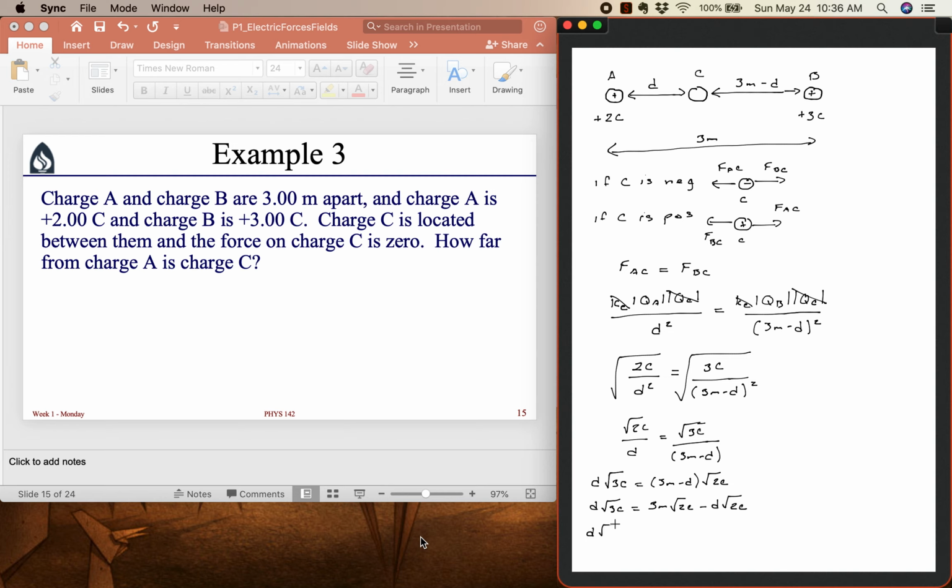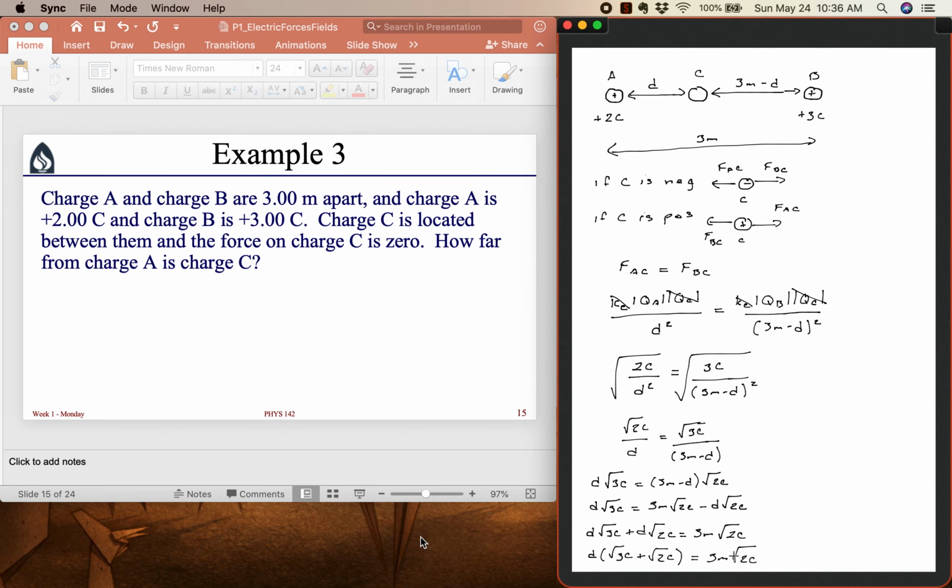So d times the square root of 3 coulombs plus d times the square root of 2 coulombs is equal to 3 meters times the square root of 2 coulombs. And then factor a d out of these 2 terms. So d times the square root of 3 coulombs plus the square root of 2 coulombs is equal to 3 meters times the square root of 2 coulombs.